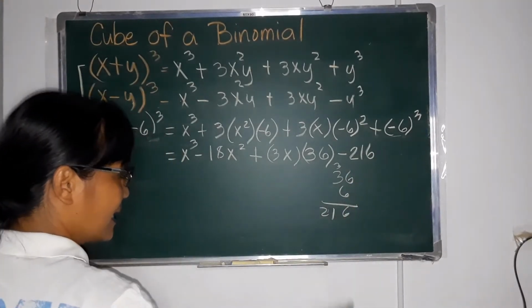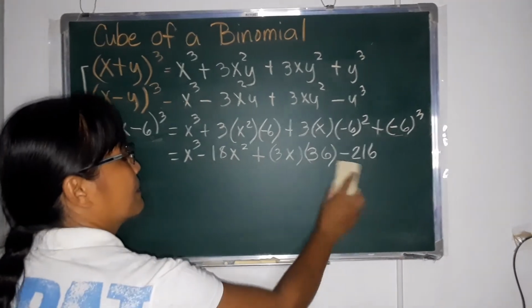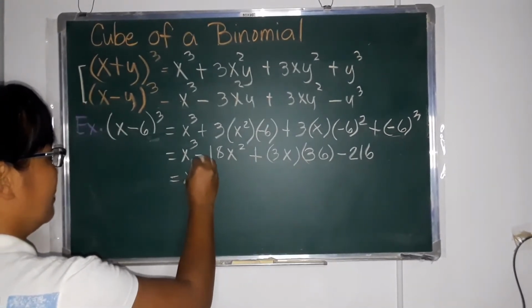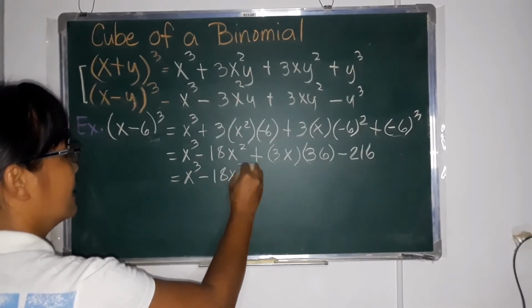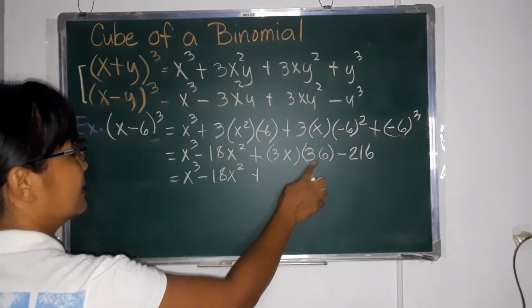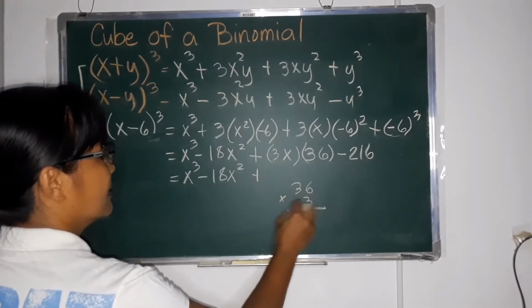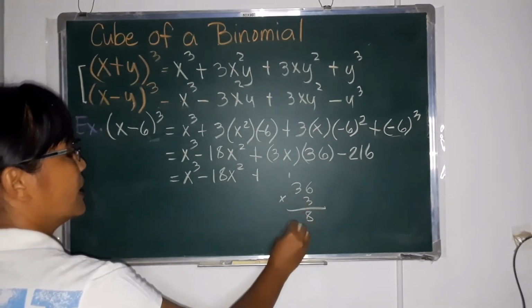Okay, next. Simplify. We have x cubed minus 18x squared plus, okay, 36 times 3, 6 times 3, 18, 3 times 3, 9, plus 1, 10.